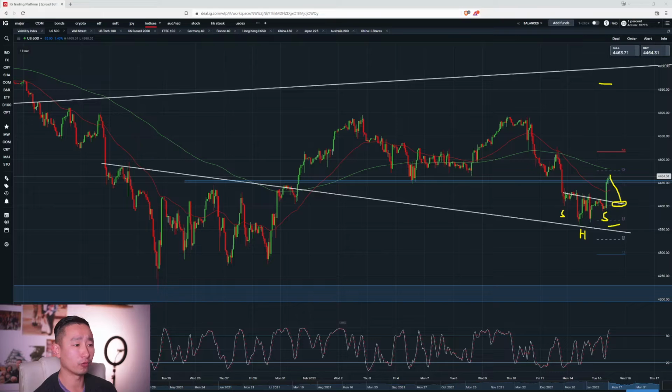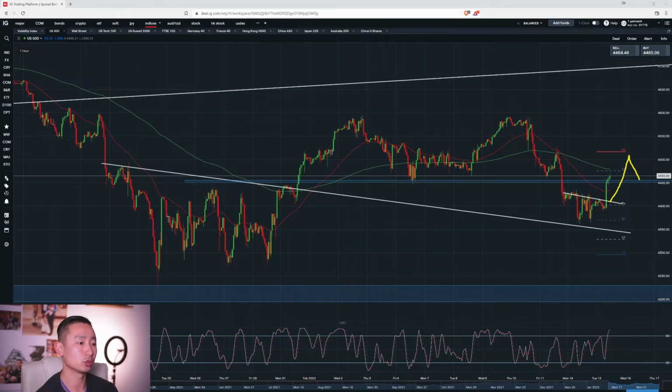Another way of entering this trade would be to wait for more confirmation, so a break higher and then come back to retest around this 4,000, let me get it exact, the 4,450 area.